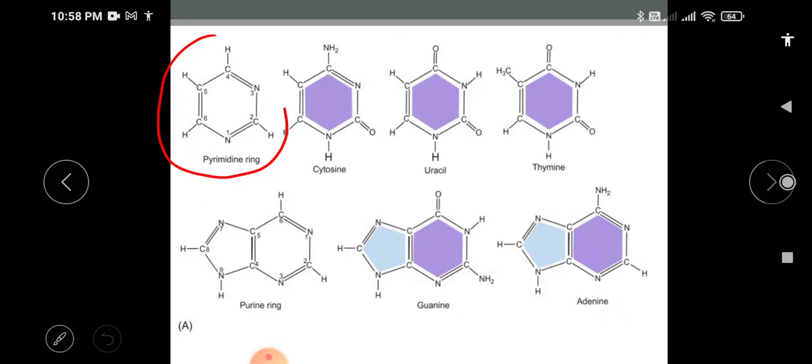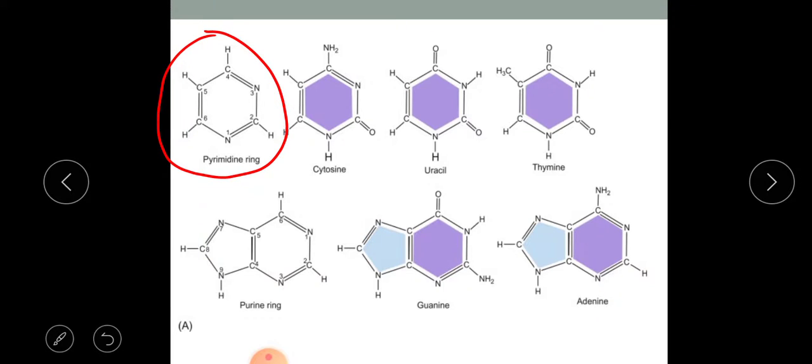A pyrimidine ring is a heterocyclic nitrogen-containing base. Corresponding to this, you have three compounds: cytosine, uracil, and thymine. The structures of these three are related to the pyrimidine. That's why these are called pyrimidine bases.